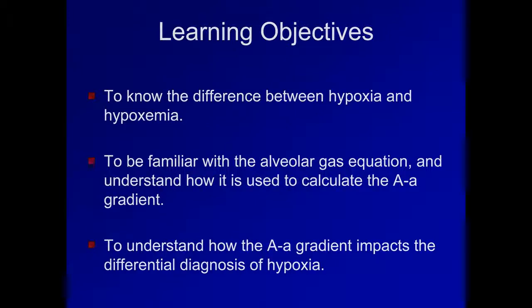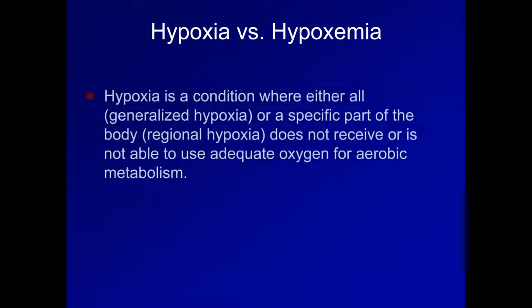The first thing to discuss is the difference between the terms hypoxia and hypoxemia. Although they are frequently used interchangeably, it's important to realize that they are not synonymous. Hypoxia is a condition where either all or a specific part of the body does not receive or is not able to use adequate oxygen to maintain aerobic metabolism.